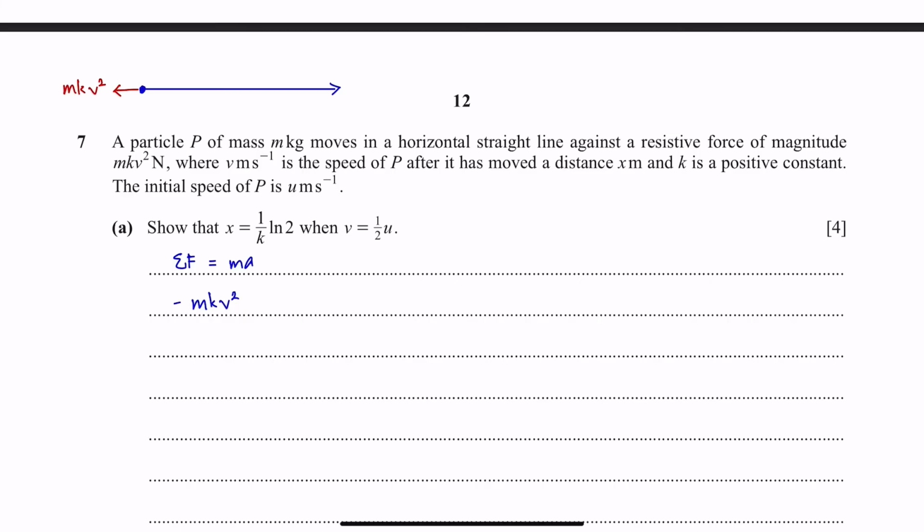Why is it negative? Because it's in the opposite direction of where the particle is traveling. So it's equal to m times acceleration, which can be written in terms of v times dv over dx. So cancel out the m. We get negative kv squared equal to v times dv over dx.